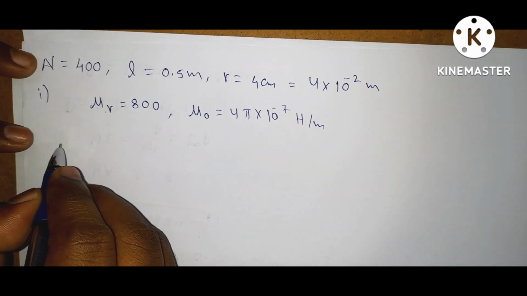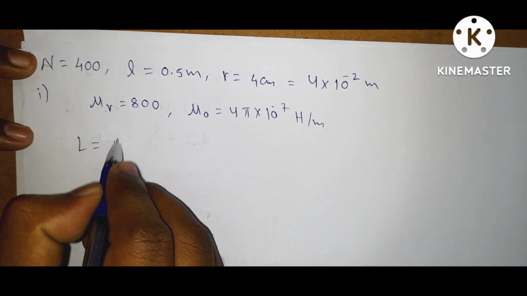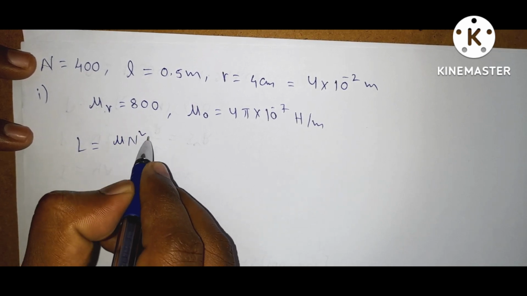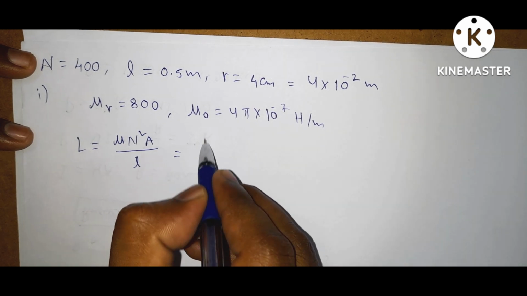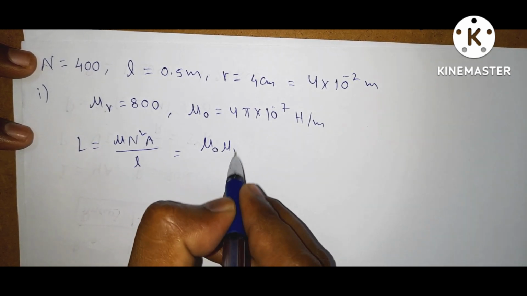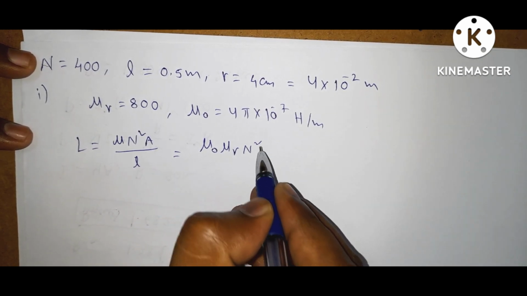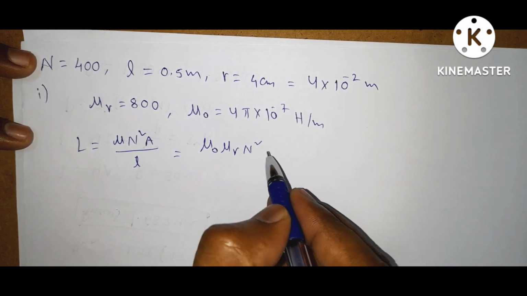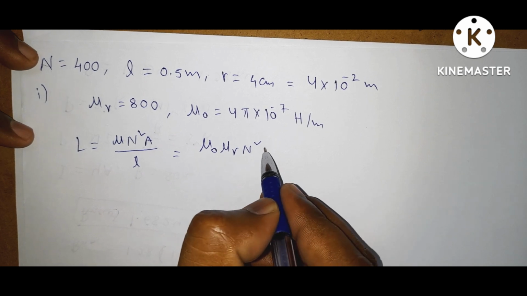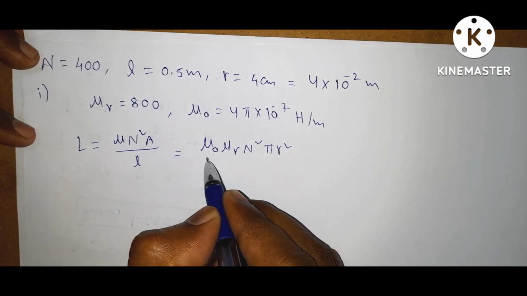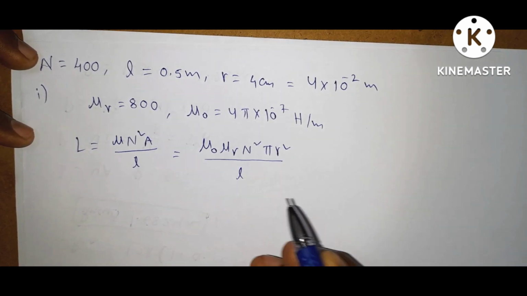What is the formula for inductance? L is equal to mu n square A by l. So this can be written as mu naught into mu r into n square into area, divided by l. The conductor is circular in shape, so the area is pi r square.